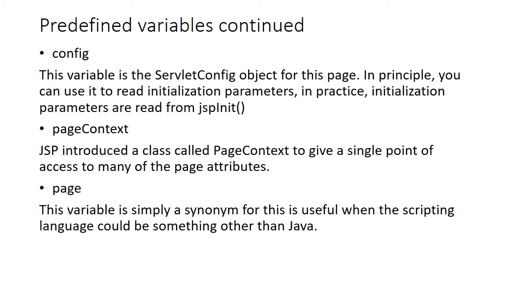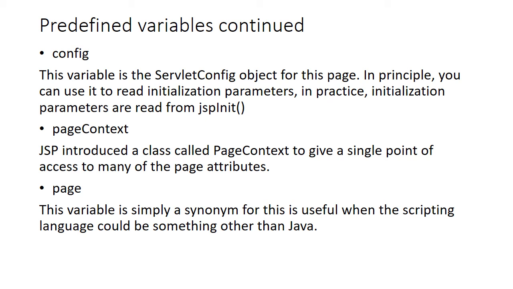The names are the same, but the object I indicate with a small p, and the class, with the Java naming convention, naturally goes with a capital P. What is the advantage of this? This object gives you a single point of access to your JSP page attributes. So using this object you can access all the attributes of your JSP page.